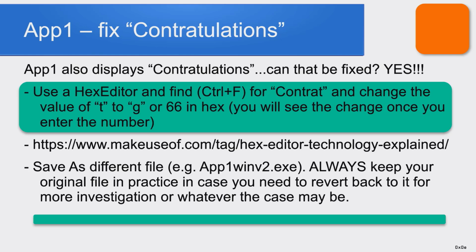If you're interested in how the hex editor technology works, I highly encourage you to read MakeUseOf.com. Then what you're going to do, and this is very, very important by the way, is save this as a different file.